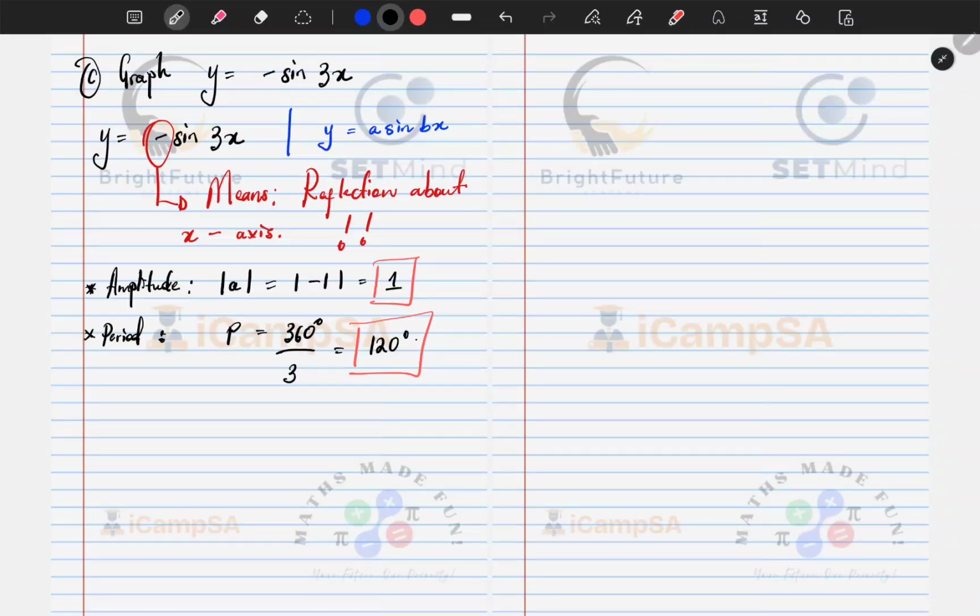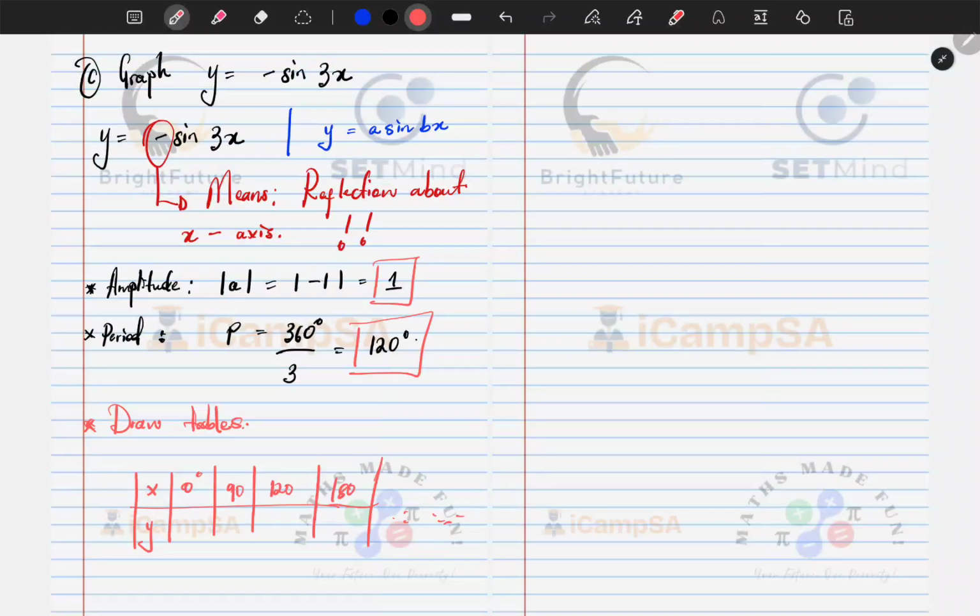You can try drawing tables, with your x and your y, and your 0 degrees, 90 degrees, 120, 180, and so on and so forth.